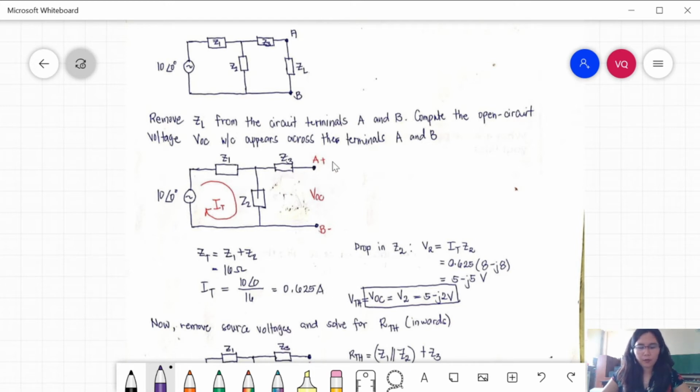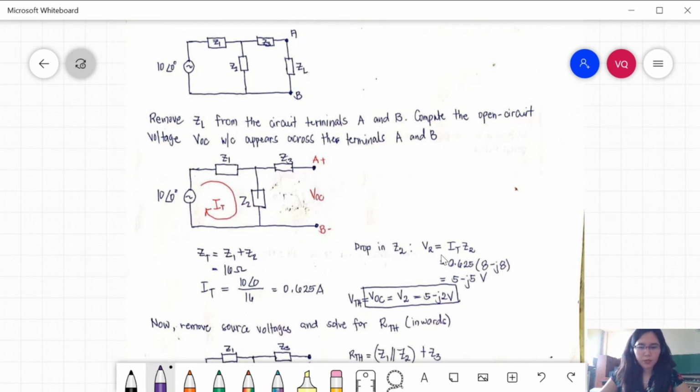Now we are ready to solve for VOC. As you can see, VOC is in parallel with Z2. So the voltage drop across Z2 is the same as the reading in your VOC or VTH. So VOC is equal to VTH.